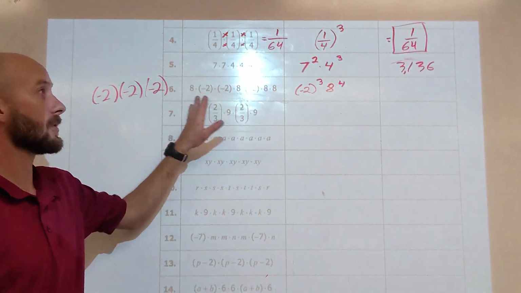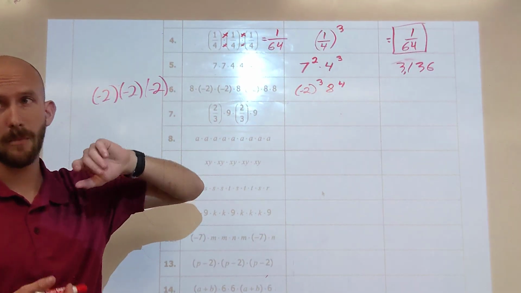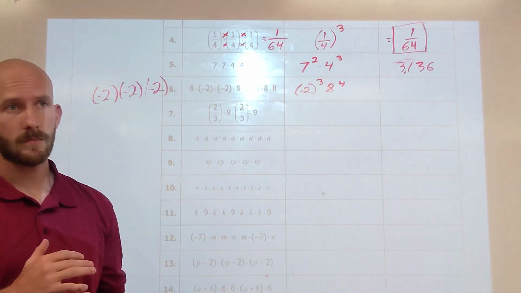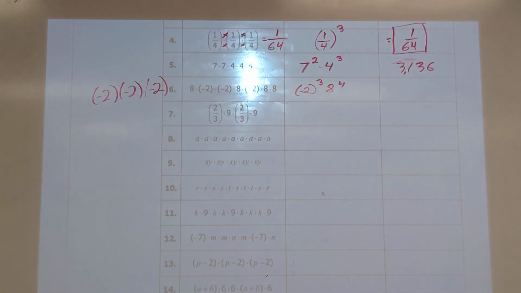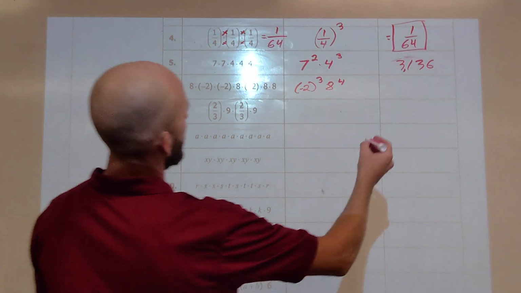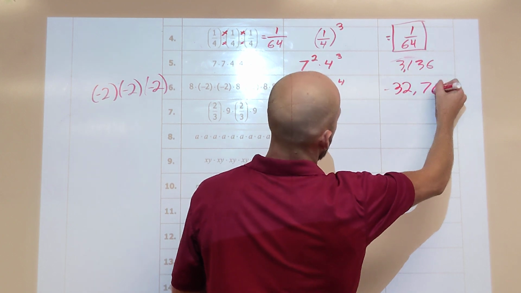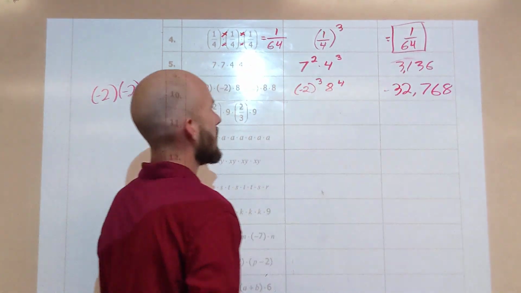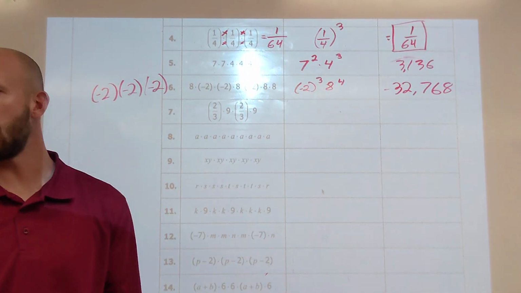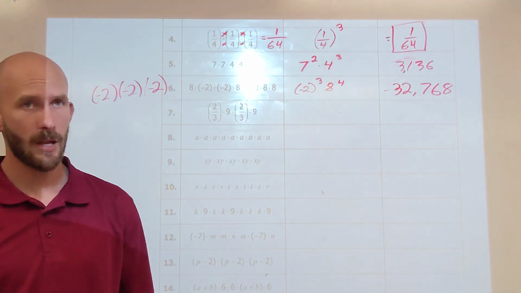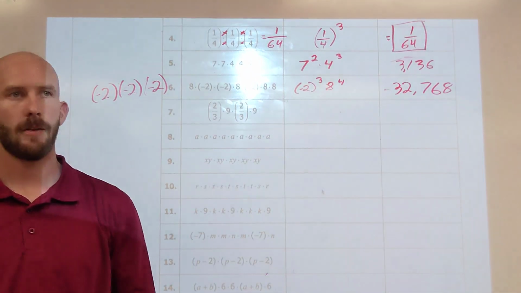I don't care to do the multiplication because I know 8 to the 4th power is going to be a really big number. And then what now? Negative 32,768. Again, I don't expect you to do that by hand. I don't expect you to do it mentally. You can multiply it on a calculator.